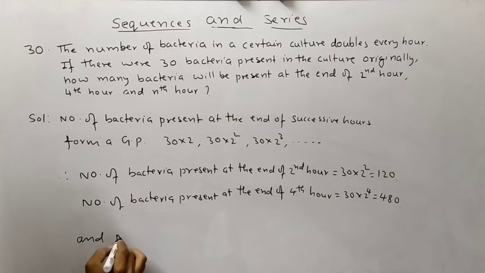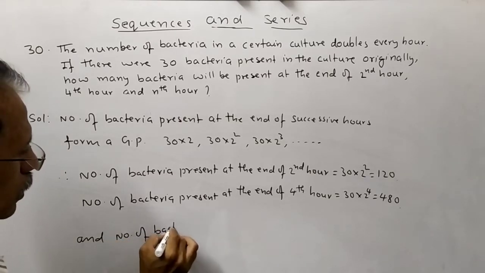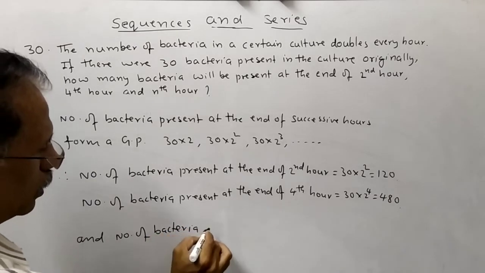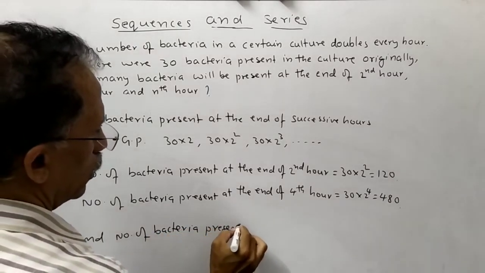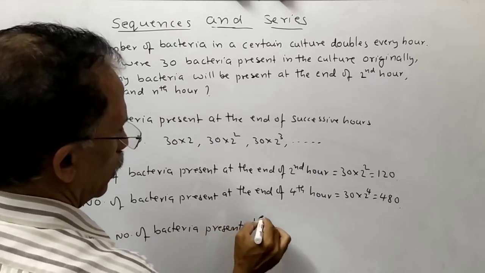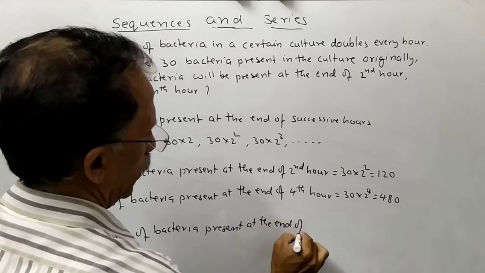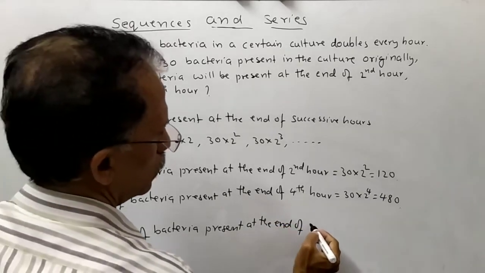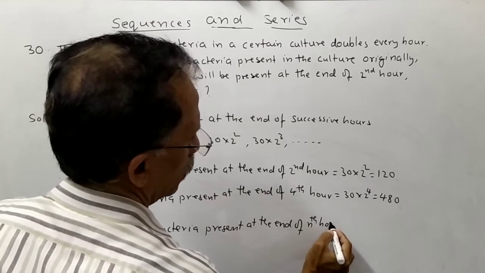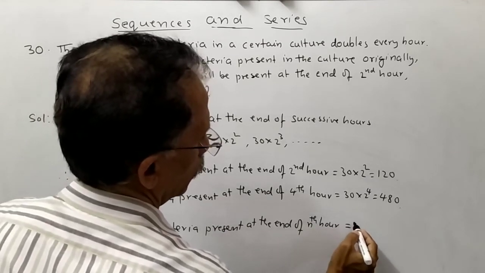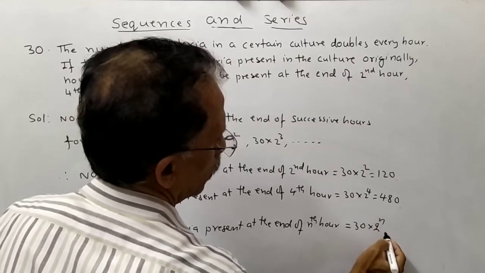And number of bacteria present at the end of nth hour is equal to 30 into 2 raised to the power n.